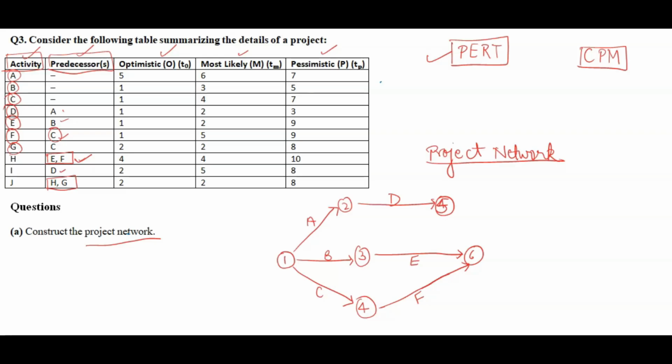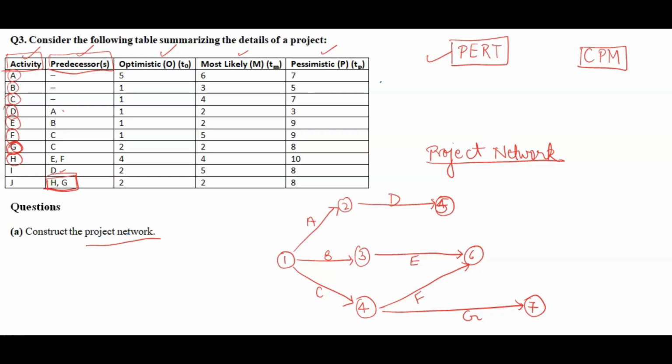Now G, we have left G. G should start from C, and G is a predecessor here also. G should end with H. So G we have to start with C and end with H. So G, I am making it here like this, and it should end with H. Which node is this? Seventh node.